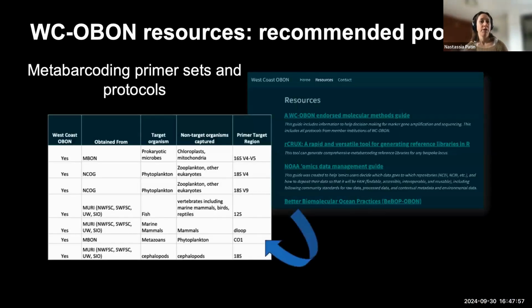So one of the first things that we did with the West Coast OBON was to assemble this list of recommended protocols. This was in concert with several of our members who are working on improving and developing molecular methods. We aggregated the most popular, but also most validated, sets of primers and PCR protocols for various marker genes, so that folks that are maybe new to the field or wanting a starting point for how to move forward with their metabarcoding assays could use this as a resource.